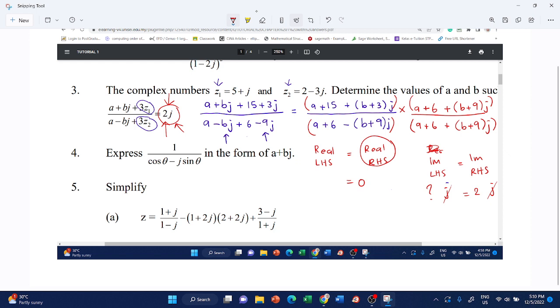How to do number 4? It's a fraction, right? So what do you think?